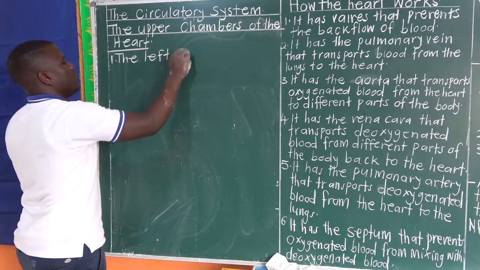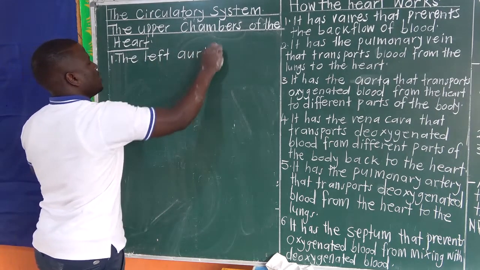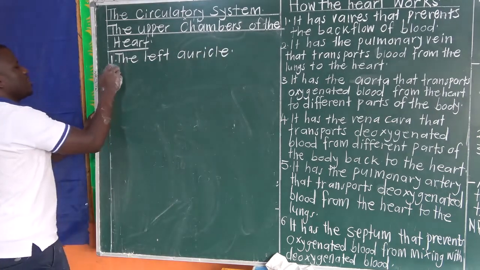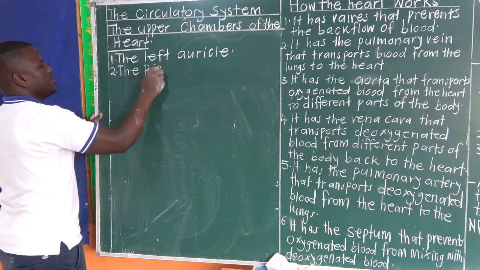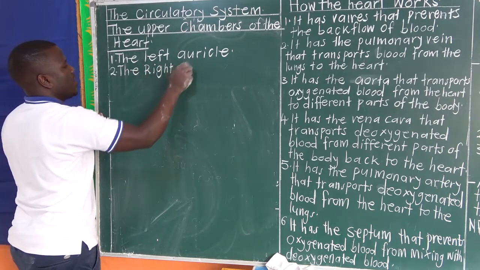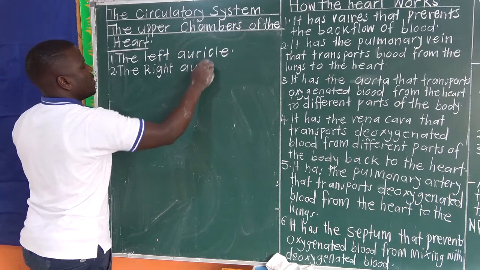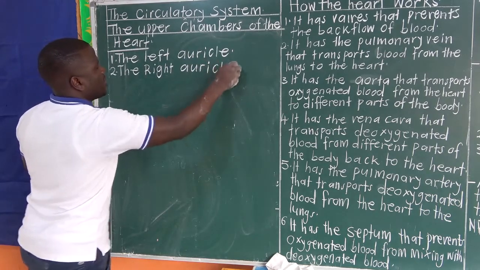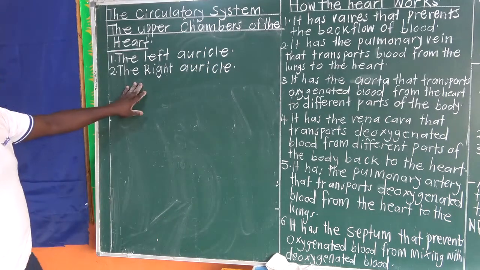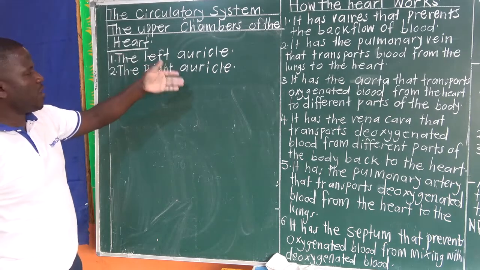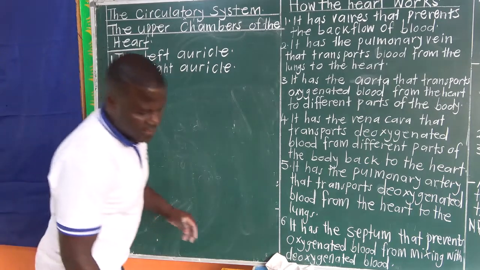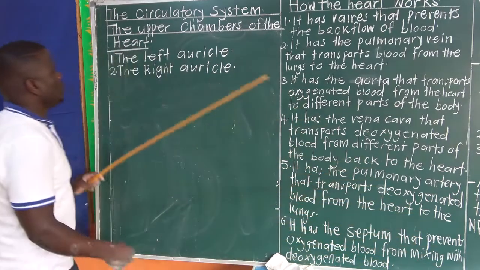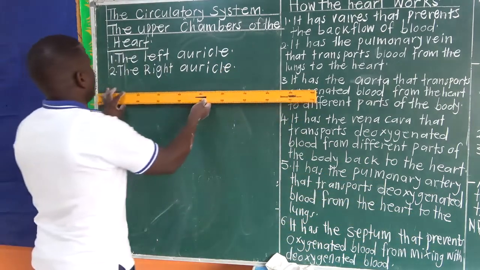We have the left auricle and the right auricle. These are the two upper chambers of the heart.